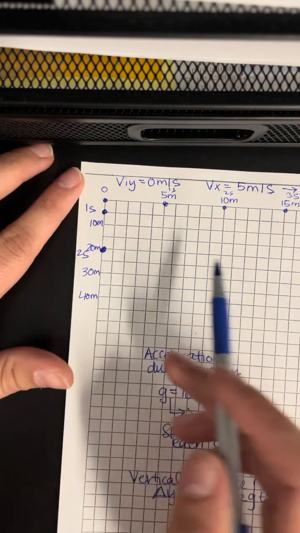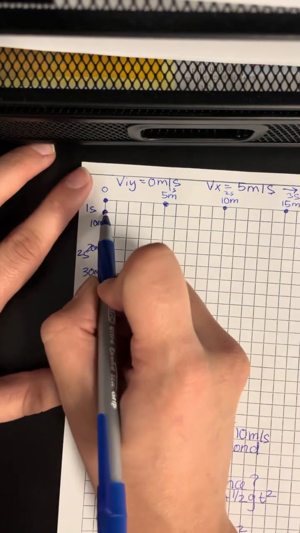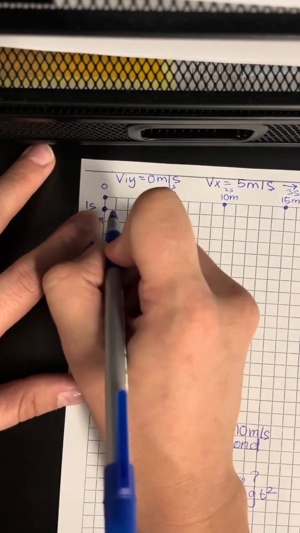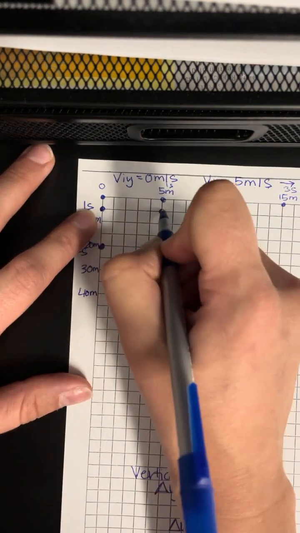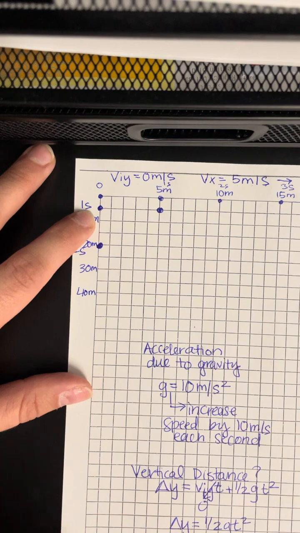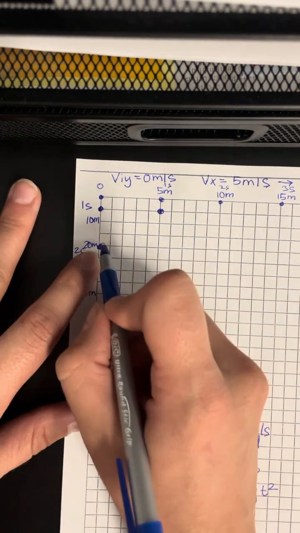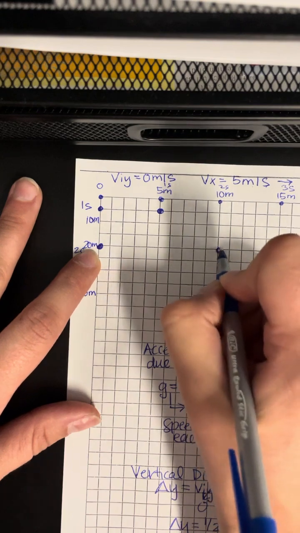We combine our x and y, so at 1 second we were at 5 meters in the y and 5 meters in the x direction, so that's going to be my point right there. At 2 seconds, we were at 20 meters in y and 10 meters in the x direction, so that's my point.